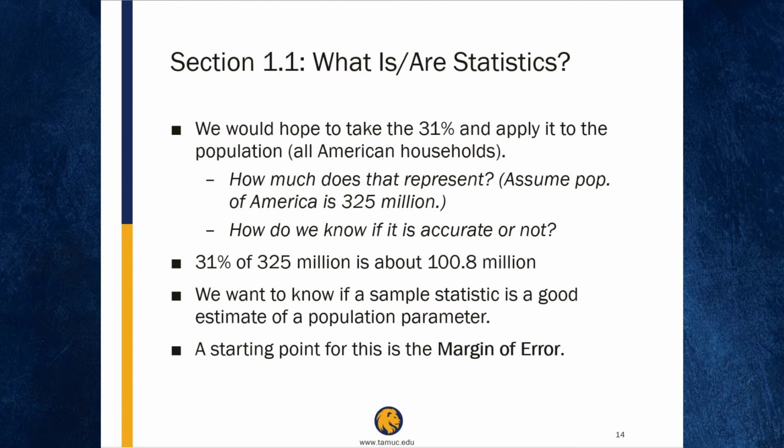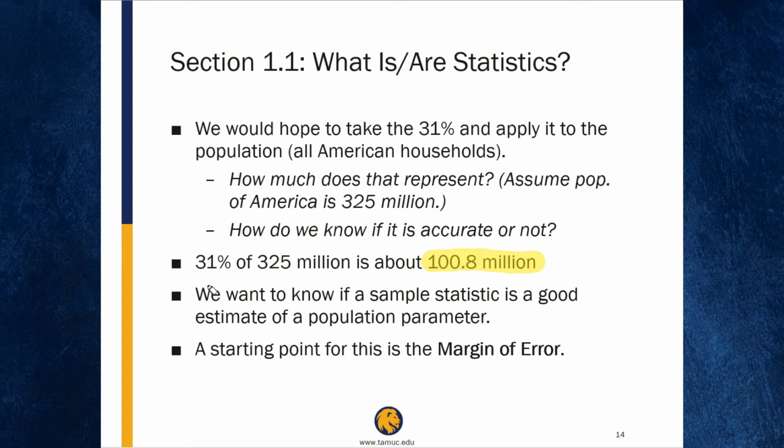Well, 31% of 325 million is about 100.8 million. So that would be what we would call the population parameter in this case, but we're taking it from the sample statistic that was determined.